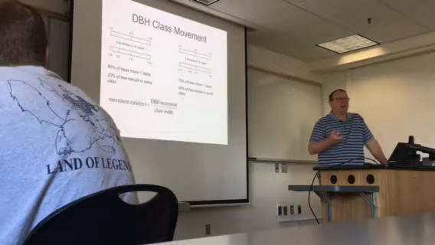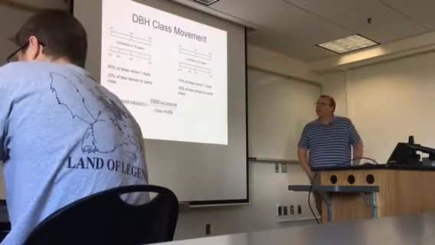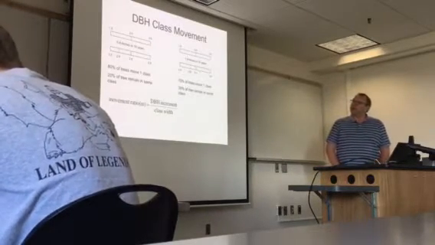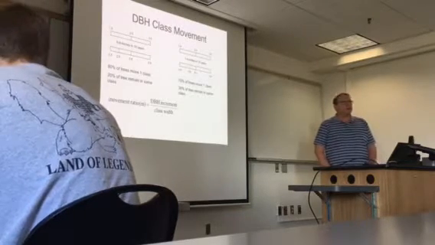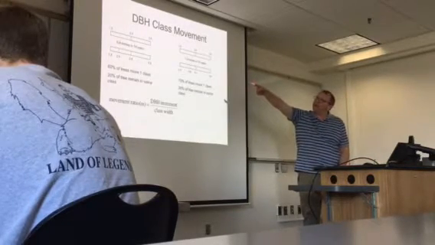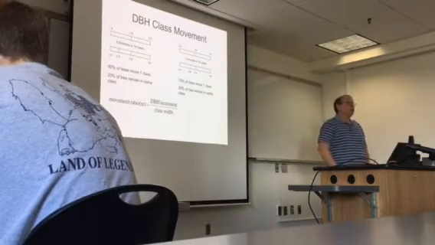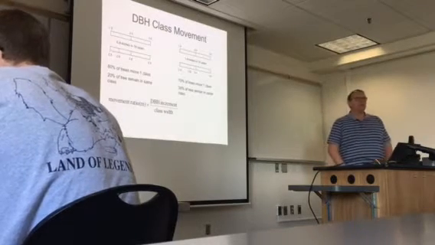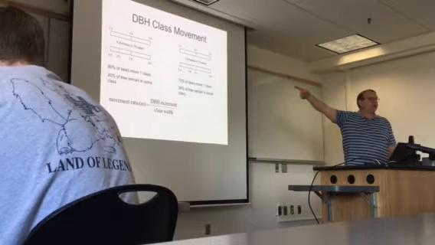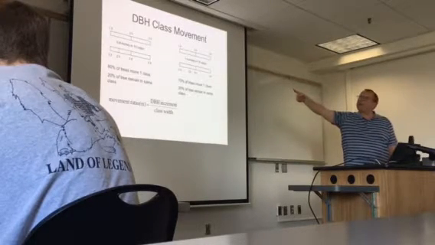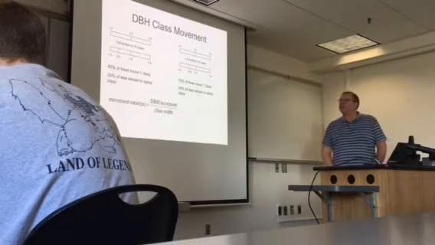To me, it's really a movement ratio, so I'm going to use M, movement ratio M. And I define that to be the ratio of two quantities. DBH class increment, so in the first case, 0.8, in the second case, 1.4, divided by class width. In the first case, we're using 1-inch width classes, so class width is 1. In the second example, we use 2-inch width classes, so class width is 2.